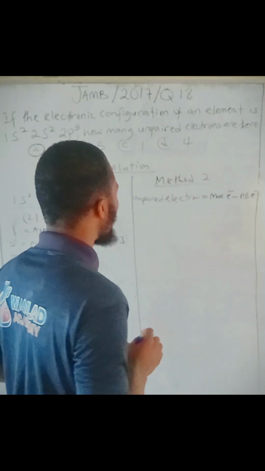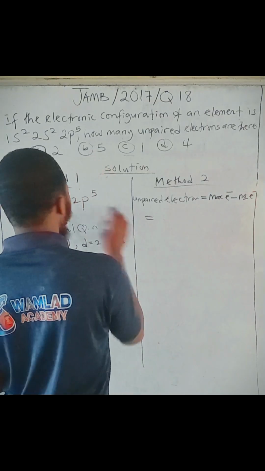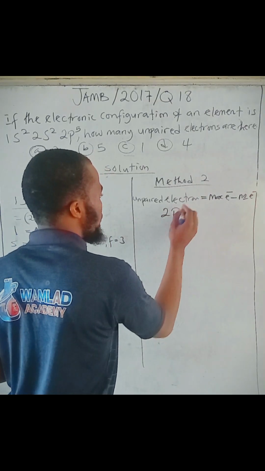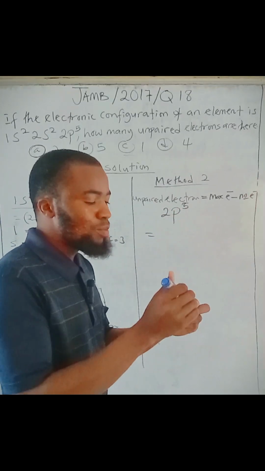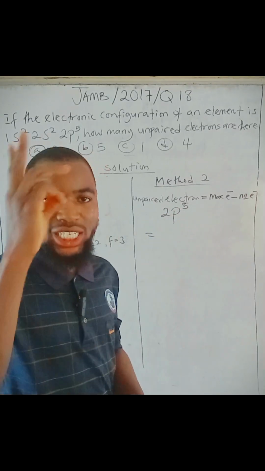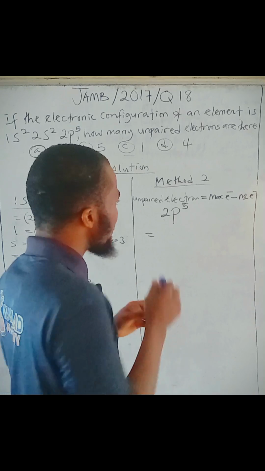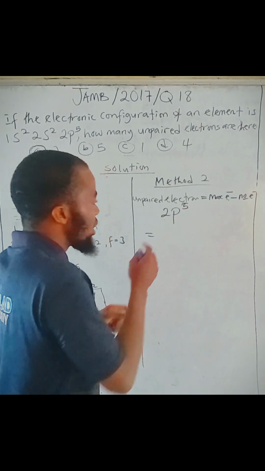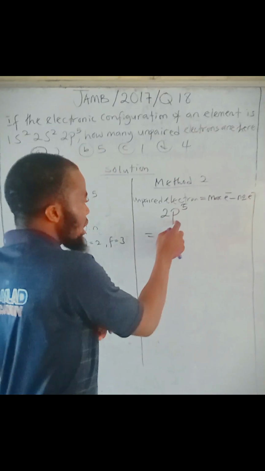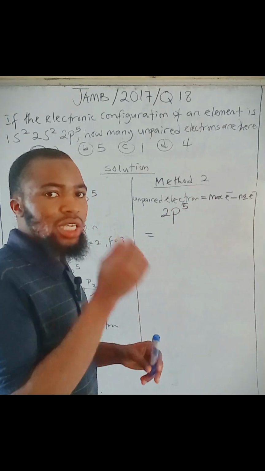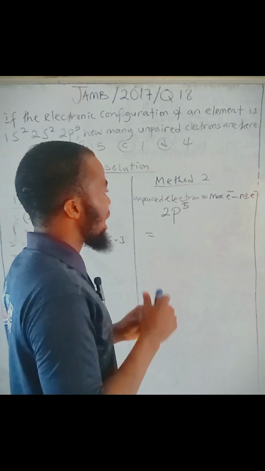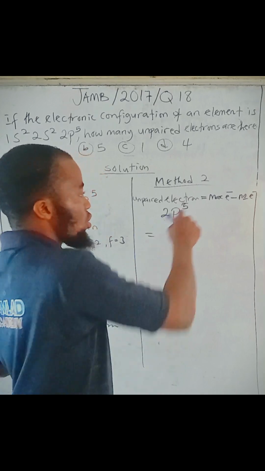Let's take this one as an example. To calculate the number of unpaired electrons for 2p5, you know that the p orbitals can accommodate a maximum of 6 electrons, and half of 6 is 3. Is the number of electrons you have here less than or equal to 3? If it is, the number of unpaired electrons is equal to the number you have here.